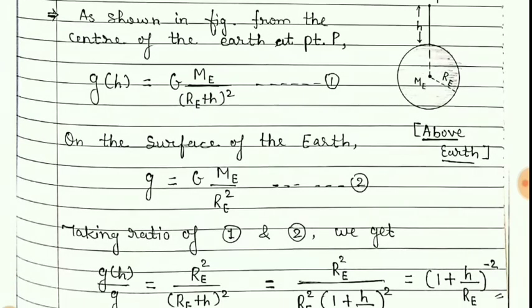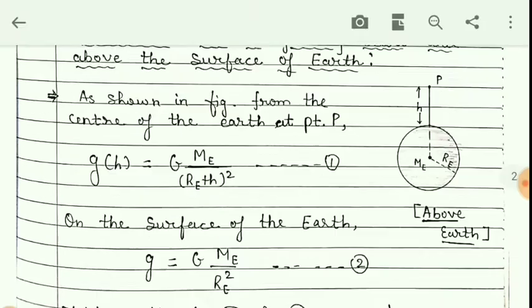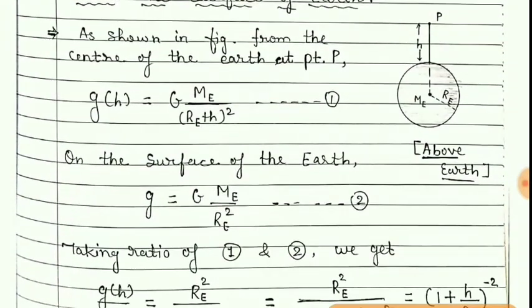Let us give this equation number 1. Now on the surface of the earth, g is equal to GMe upon R square, that we have already written here. Let us give this equation number 2.